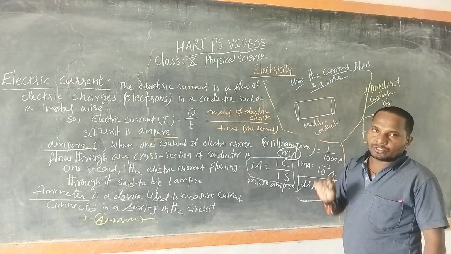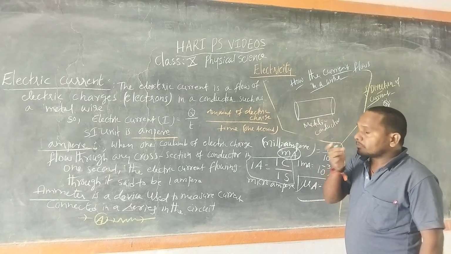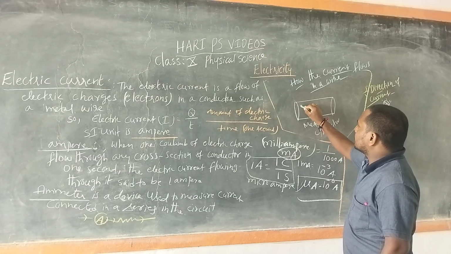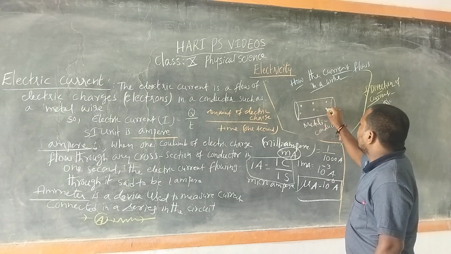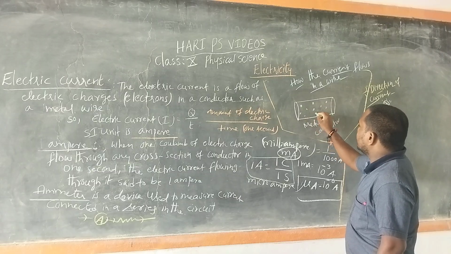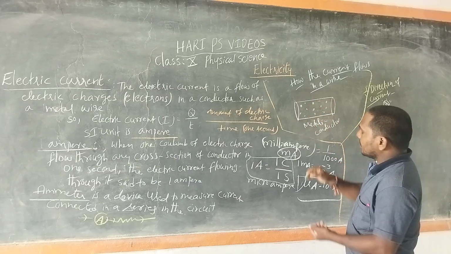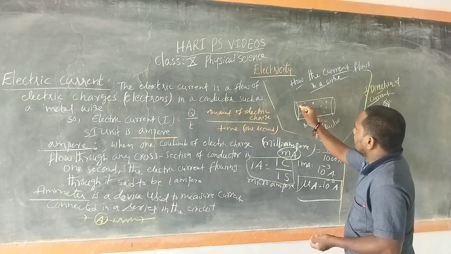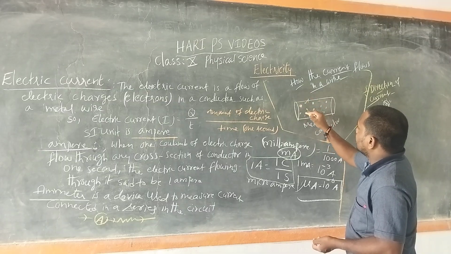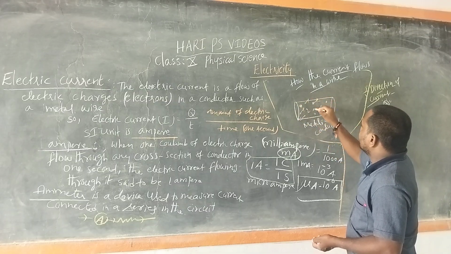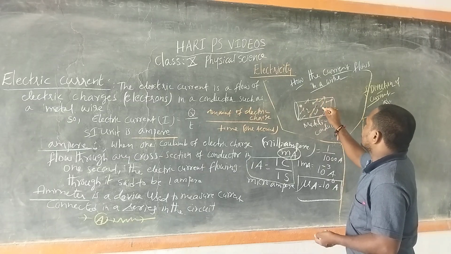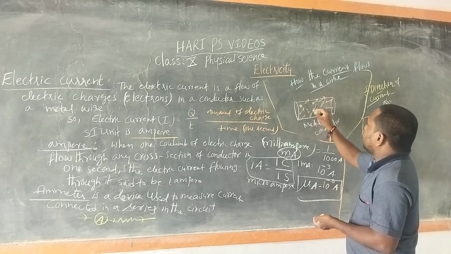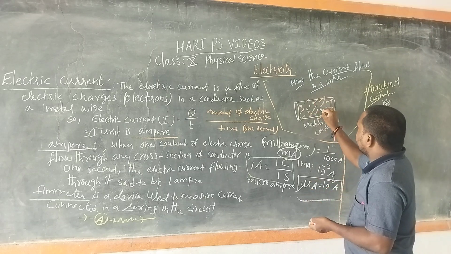In a metallic wire, electrons move randomly in the cross section, in different directions. They do not have any particular direction.